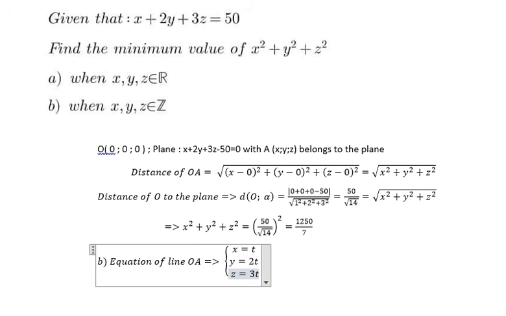So we put these 3 expressions back into the plane, because we want to find the value of t. After we find the value of t, we can find the point A.